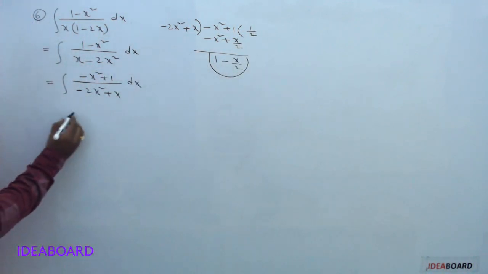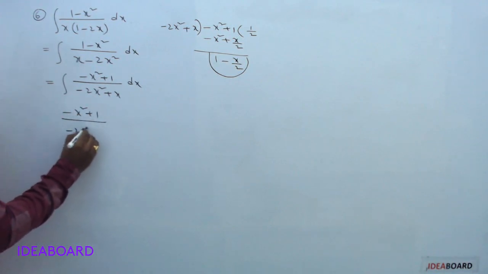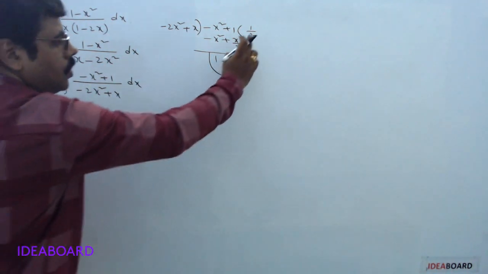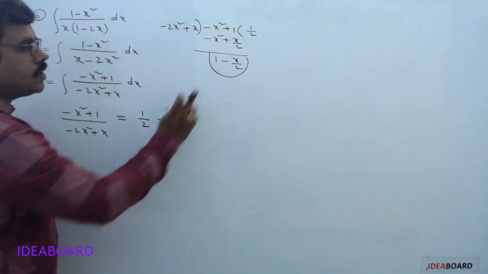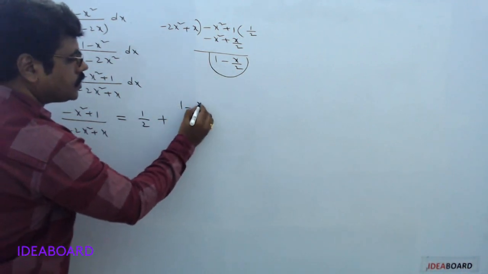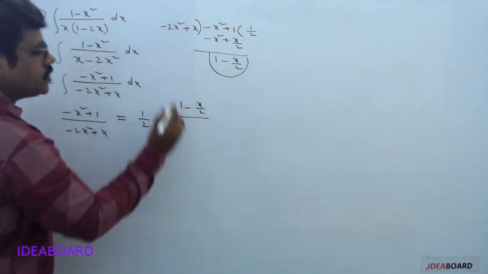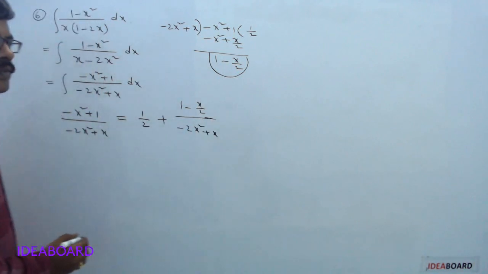Now this improper fraction, minus x square plus 1 divided by minus 2x square plus x, can be expressed as a quotient, that is 1 by 2, plus remainder. Remainder is 1 minus x by 2 divided by divisor minus 2x square plus x.